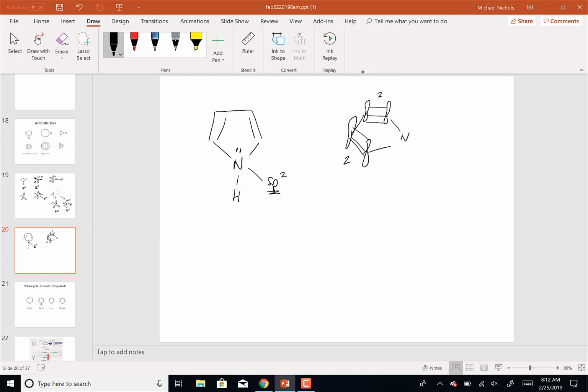If the nitrogen decides to go sp2 hybridized, the hydrogen is going to be in the hybrid orbital, and it's going to have a p orbital with 2 electrons. And that p orbital then is going to be parallel to all the other p orbitals.